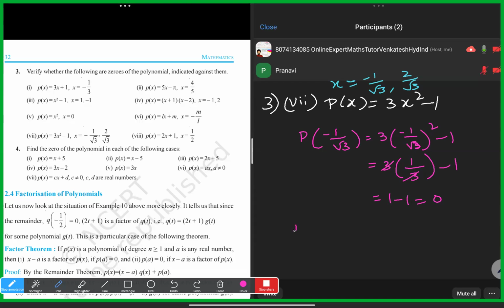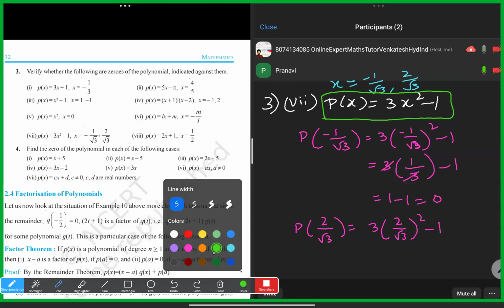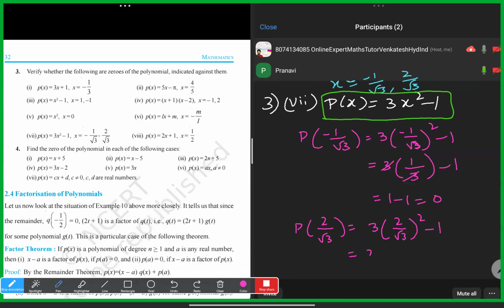Now similarly p of 2 by root 3: 3 into 2 by root 3 whole square minus 1 in the main polynomial. How much will it become, Pranavi? 4 by 3, so 3 into 4 by 3 minus 1, which is 4 minus 1, 3.